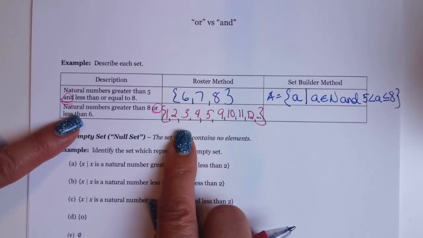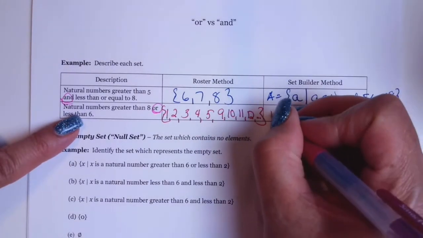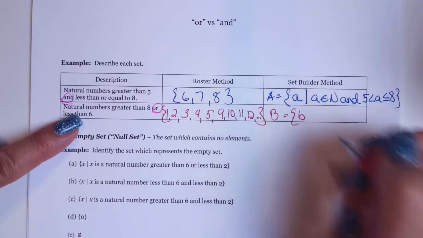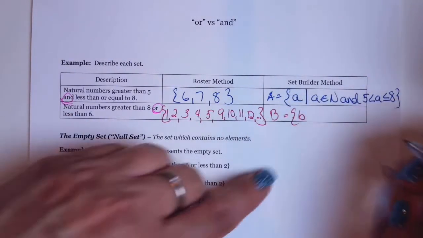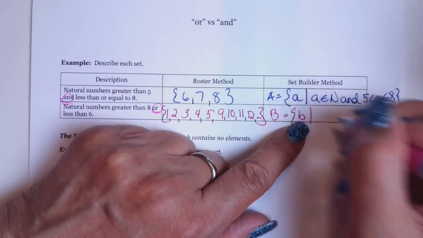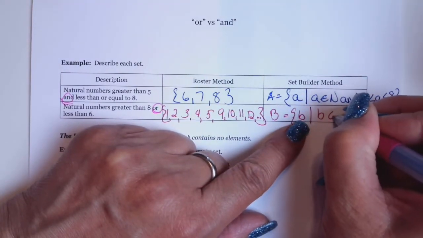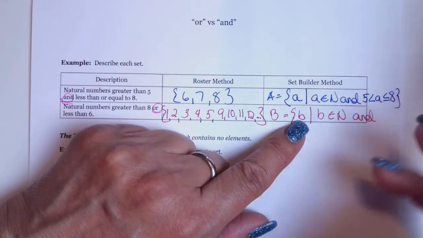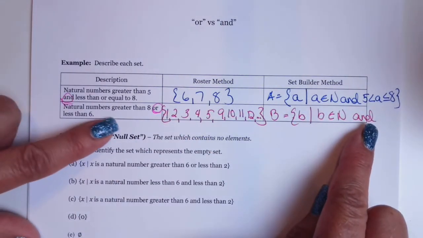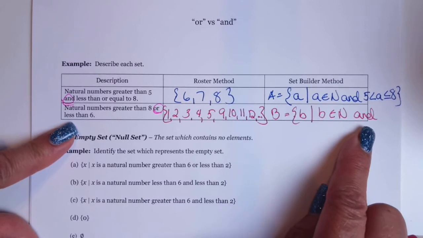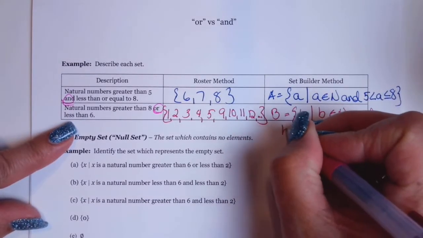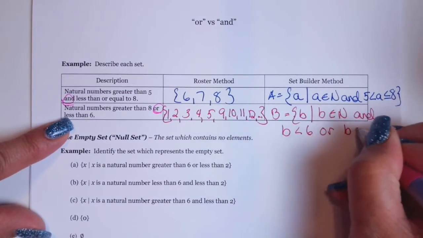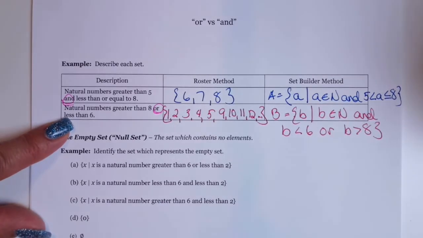And that's it. Our set builder method, let's use capital B and small b here. We are just showing that b is the variable. B is such that b is part of the natural numbers, and now we're going to describe this. b is less than 6 or b is greater than 8, and close the parentheses.